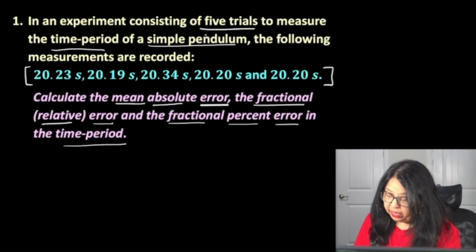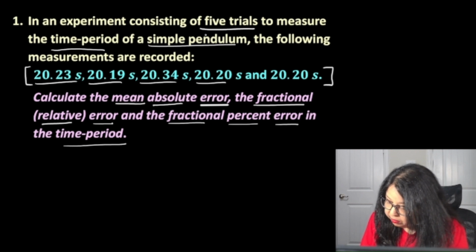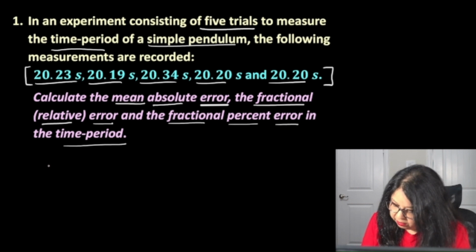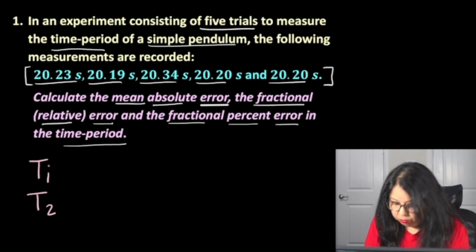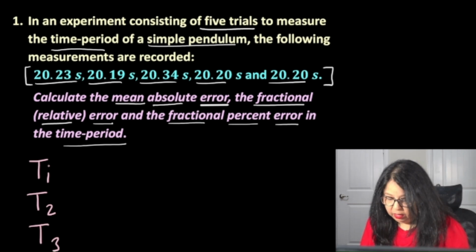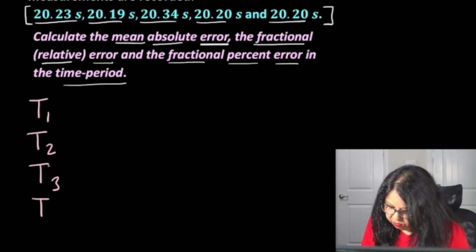Alright, let's write down the values of these time periods. Let's tabulate them. We're given time period, call it T1, T2, T3. Let's scoot this a bit up so I can fit this all on the screen.